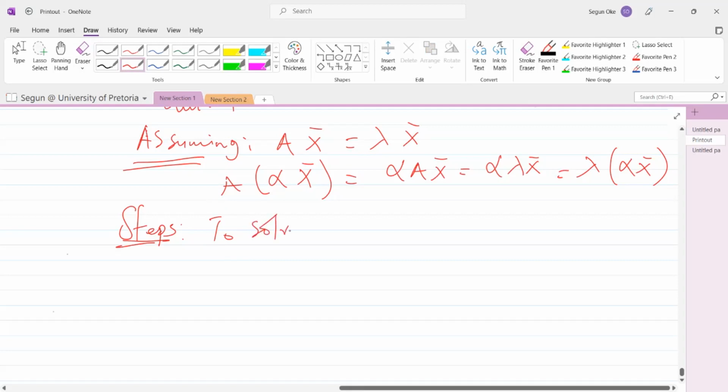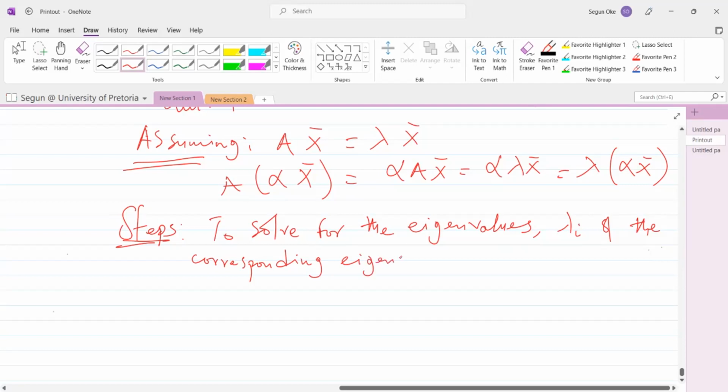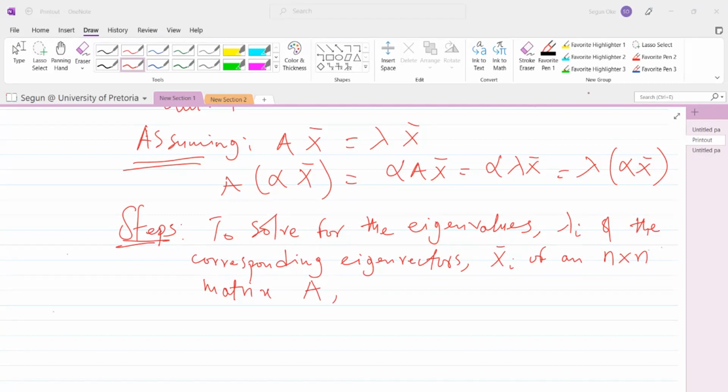Steps to solve for the eigenvalues lambda subscript i and the corresponding eigenvector x bar i of an n by n matrix A. They can ask you in your exam what the steps of solving are.